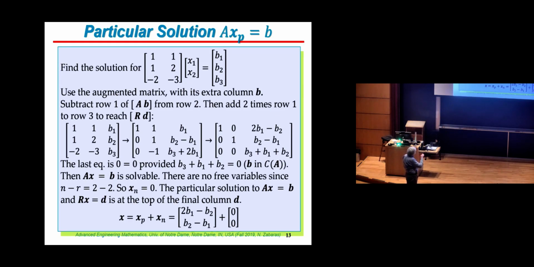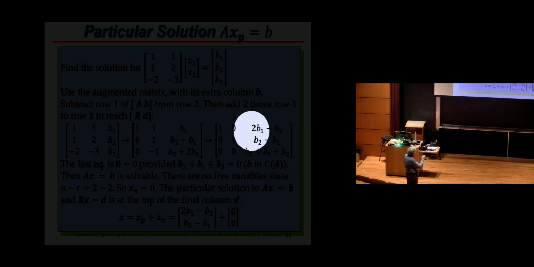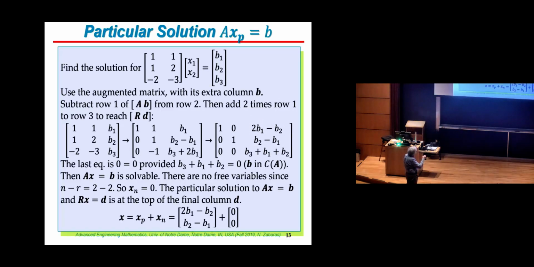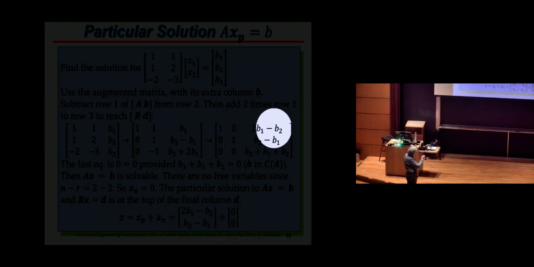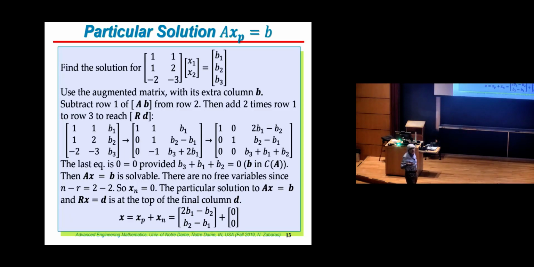So the only solution to the null space problem is 0. And based on what I told you before, can you extract directly the solution to Ax equals b? So the particular solution, can you tell me what it is? Whatever you have there, 2b1 minus b2, b2 minus b1, that's the solution, done. And you can verify, actually.